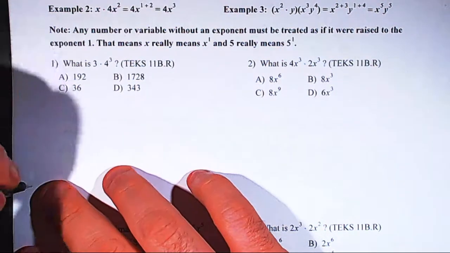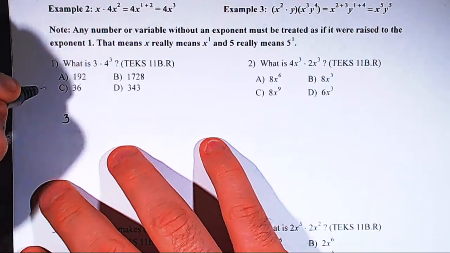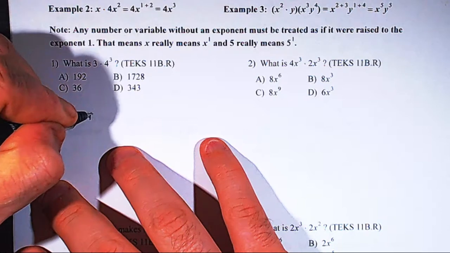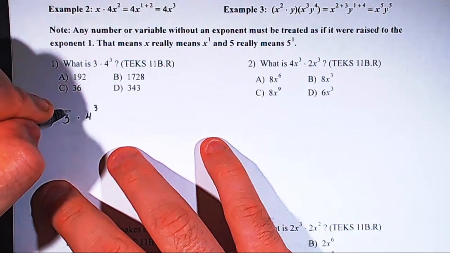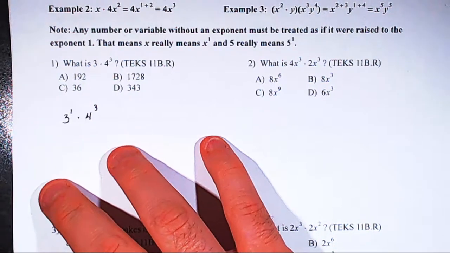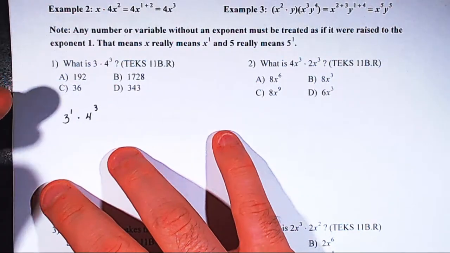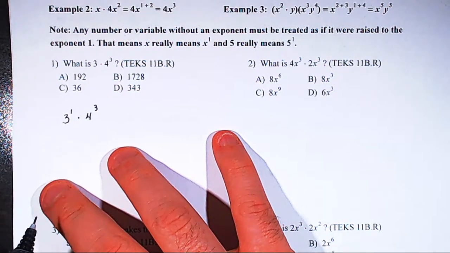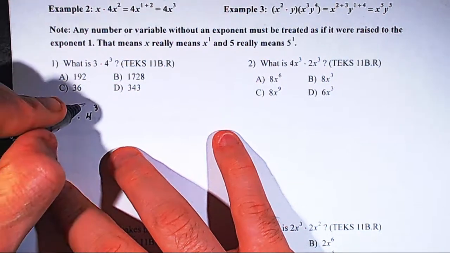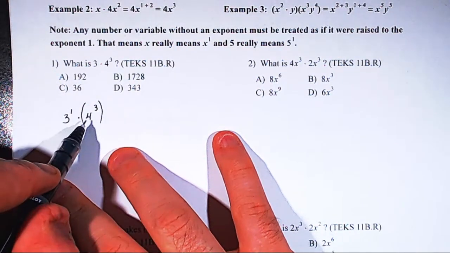So the way this works for number 1 is we have 3 times 4 raised to the third power. Now, as we've told the students, 3 is not really 3, it's 3 raised to the first power. The problem is we can't do any of our product rule tricks with this particular expression because 3 and 4 represent different bases.